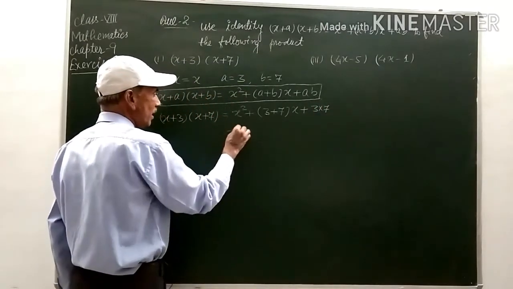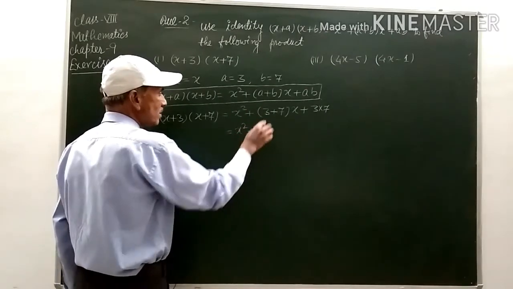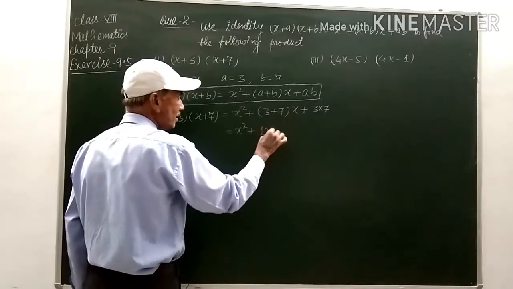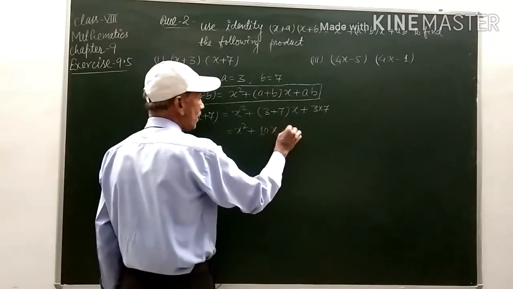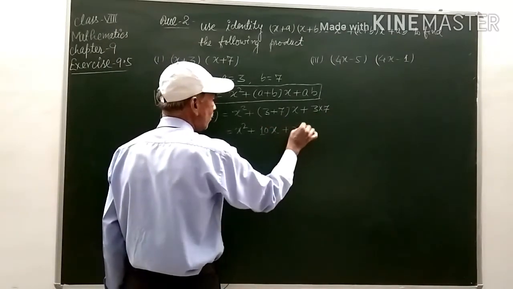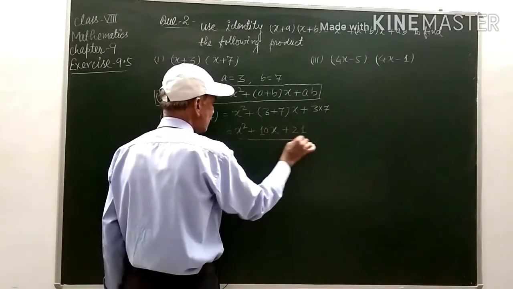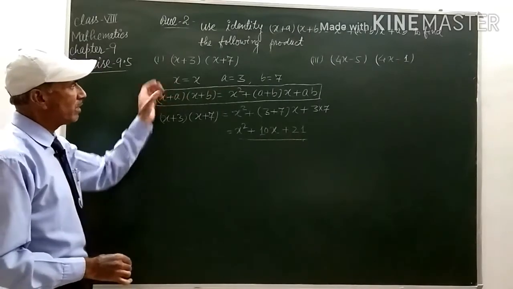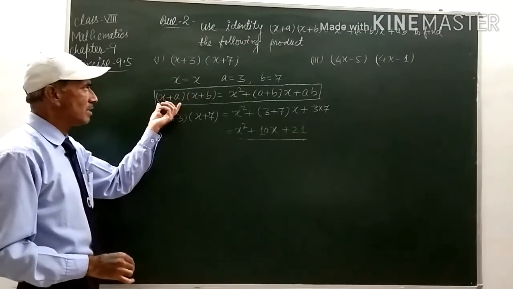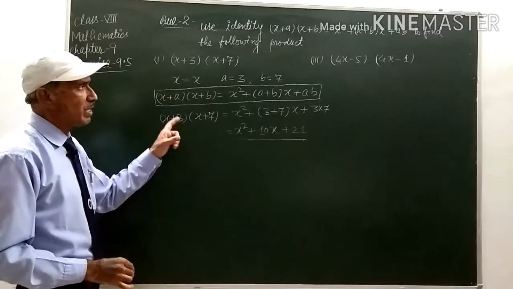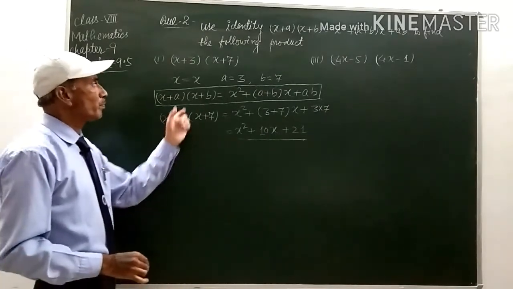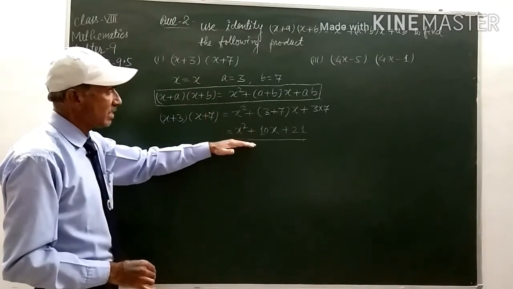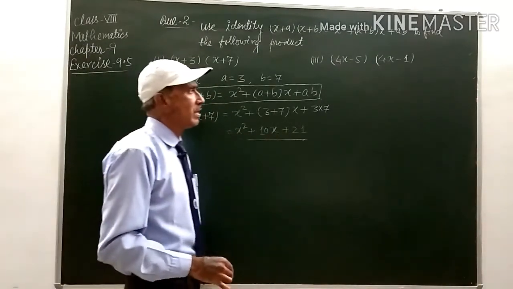This will be x² + (3 + 7)x + 21, that is x² + 10x + 21. This is the solution of the first part of the question, and in this part you have used the identity (x + a)(x + b). Clear, student? After solving we find the solution, that is x² + 10x + 21.